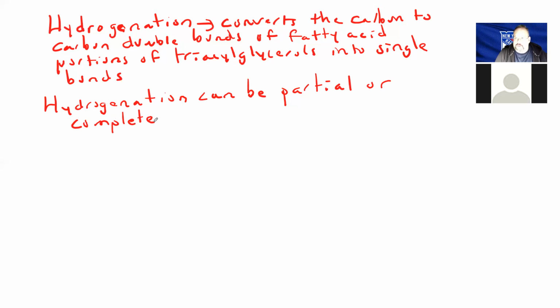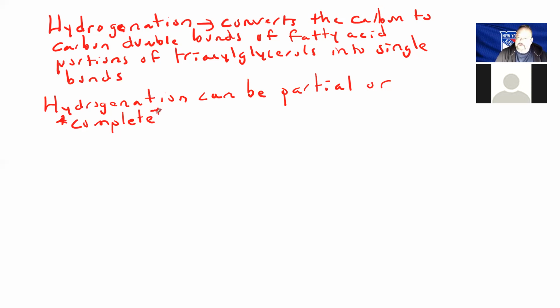When the hydrogenation is complete, that means every carbon to carbon double bond that's present is converted into a single bond. We talked about in the notes how commercially, things are partially hydrogenated, making products like margarine and such like that. For our purposes, for the reactions, we're essentially only going to focus in on complete hydrogenation.